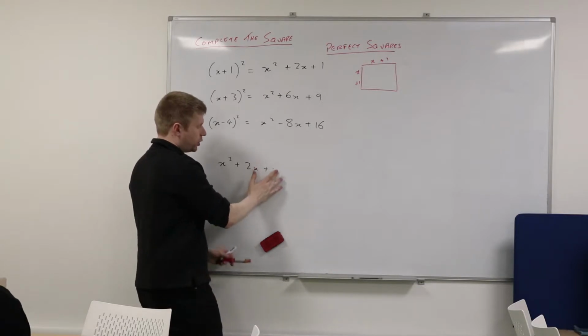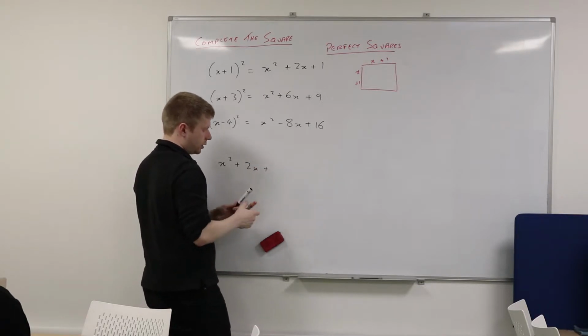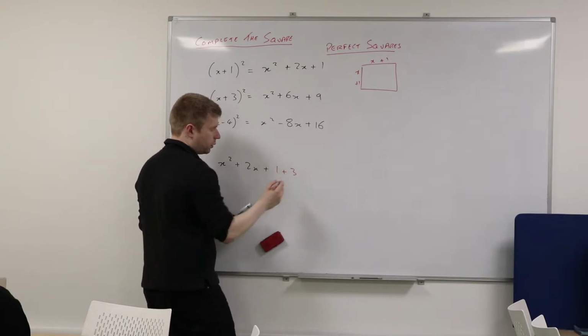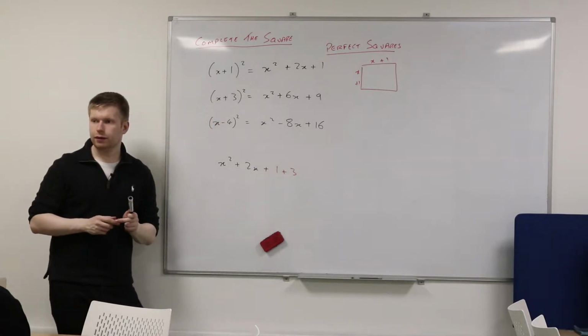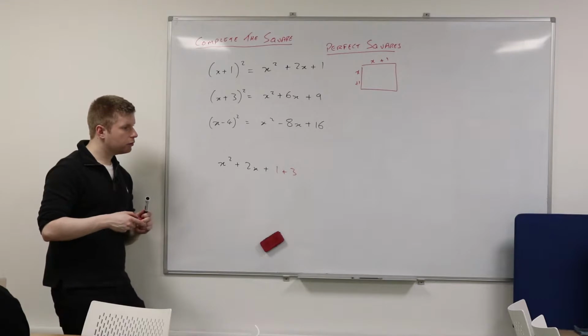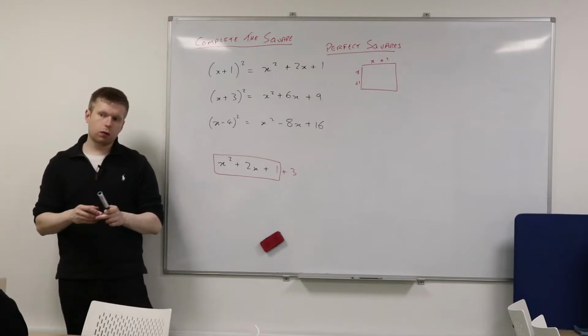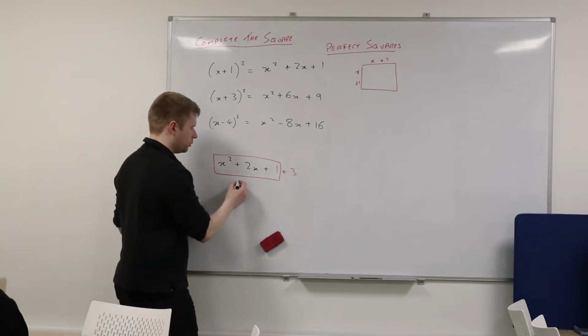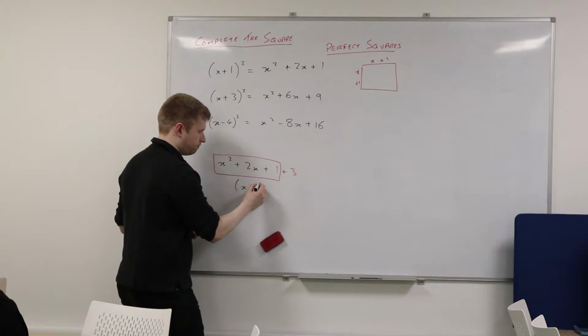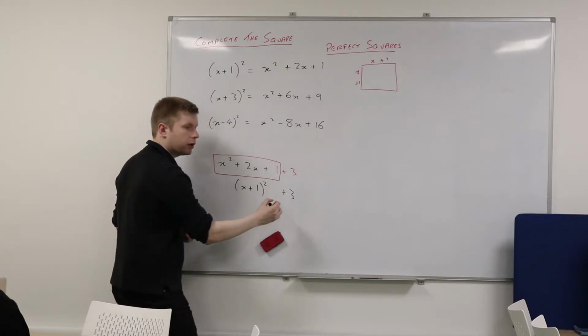I'm a magician. I can say that is just the same as 1 plus 3. Is that okay? 1 plus 3 is still 4. So that bit there is definitely a perfect square. What would it be? X plus 1 squared. Then I just have the plus 3.